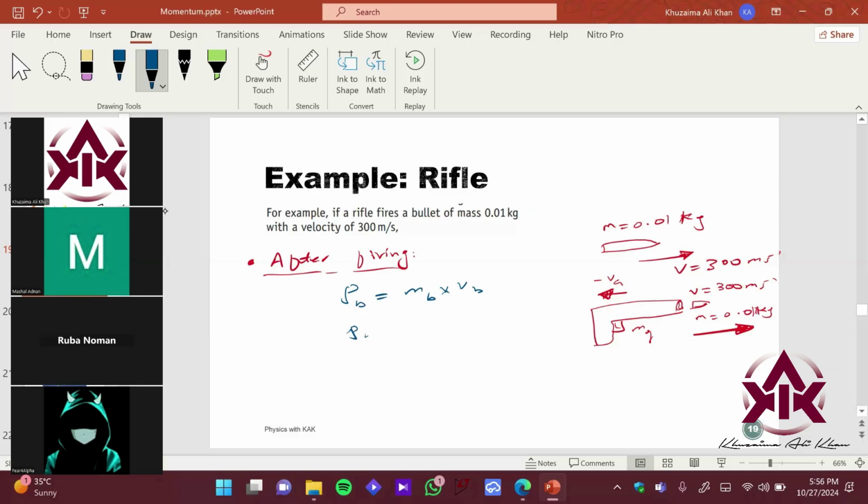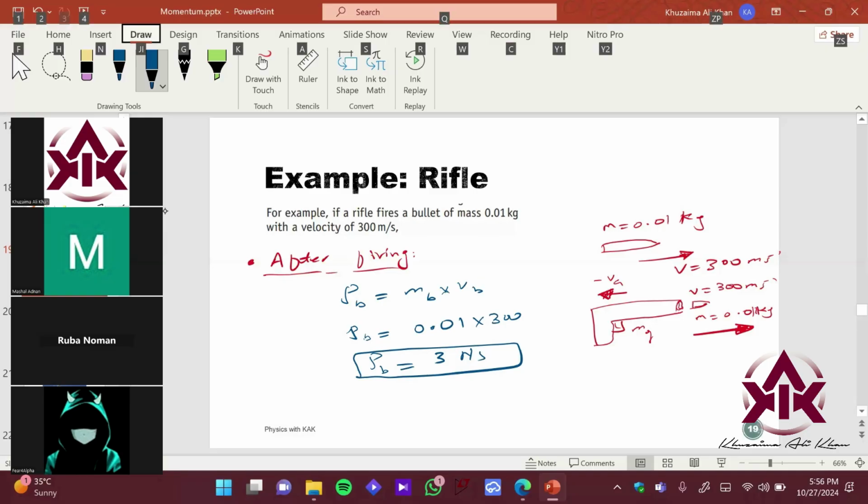So the momentum of the bullet is 0.01 times 300. What is the momentum coming out to be? 1 upon 100 times 300 is going to be 3 Newton second, right? So this is the momentum of the bullet after the firing.